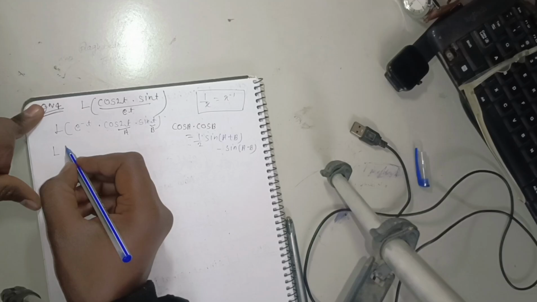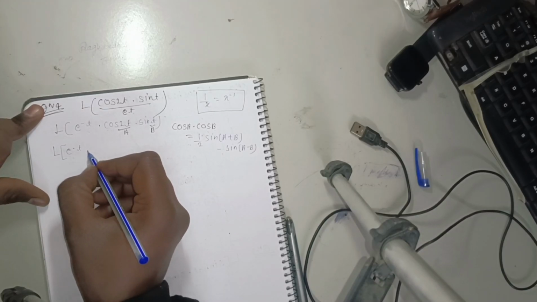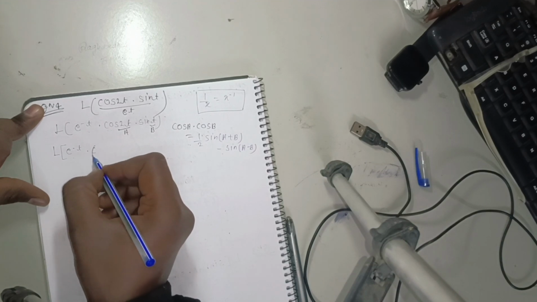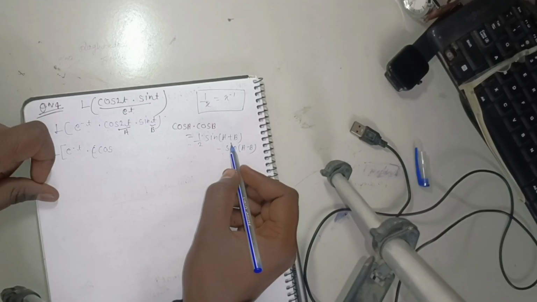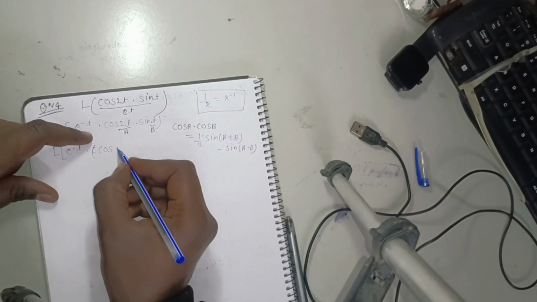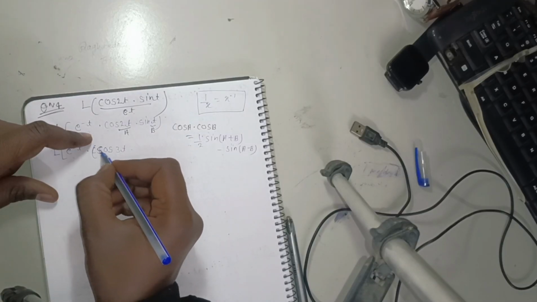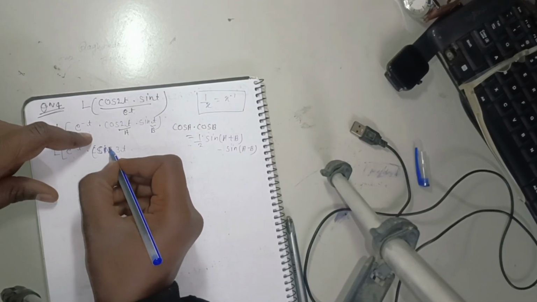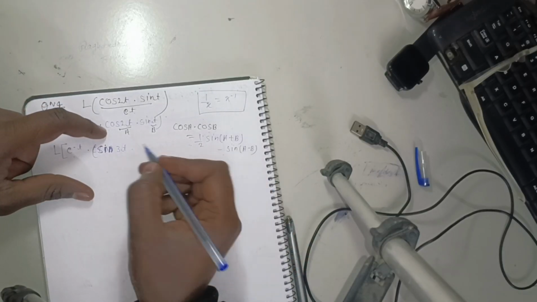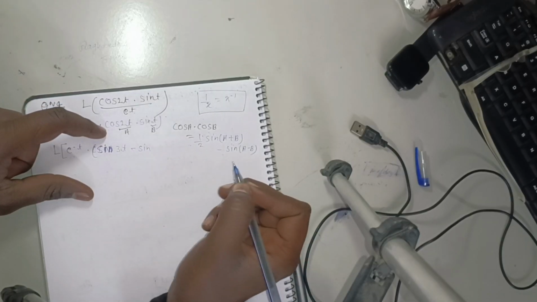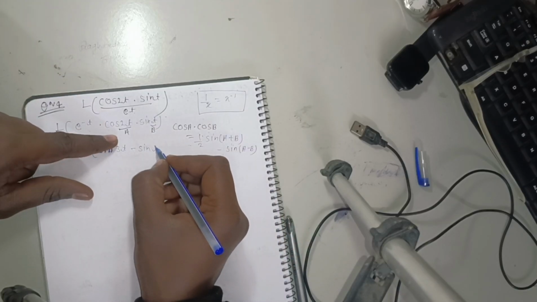Okay, so Laplace of e to the power minus t into, a plus b means 3t, sine of a plus b, sine 3t, minus sine of a minus b. 2t minus t is t only.